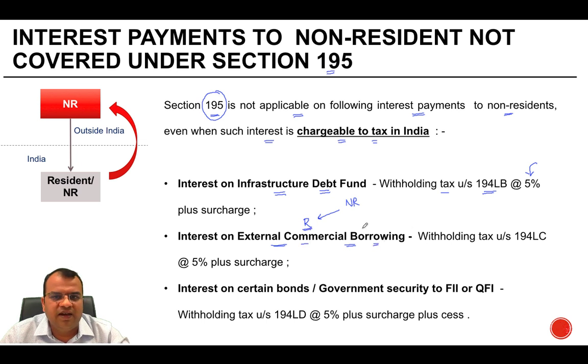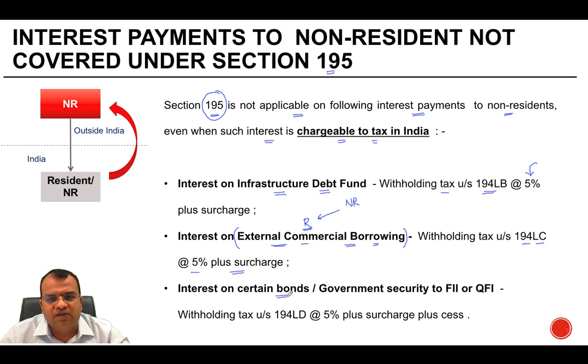Now, there are various guidelines in RBI relating to who can borrow, who cannot borrow, what are the conditions of such borrowing. All that is not a part of this particular presentation. But if you are making payment in the nature of interest on external commercial borrowings, then that is liable to withholding tax under section 194LC at the rate of 5% plus surcharge.